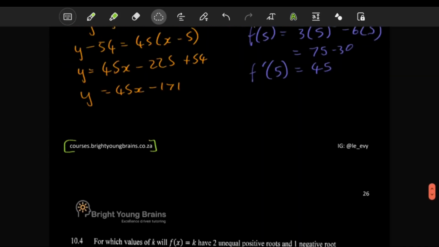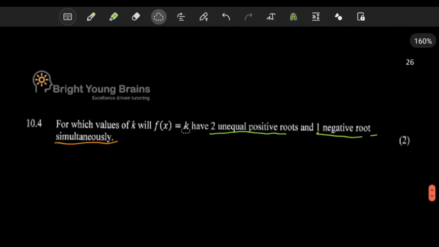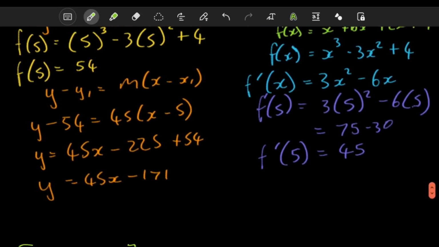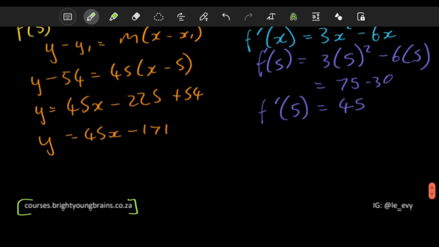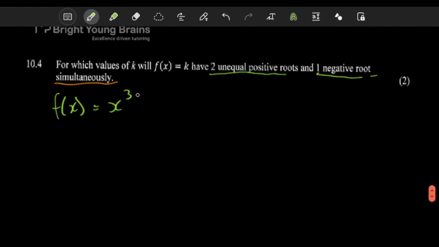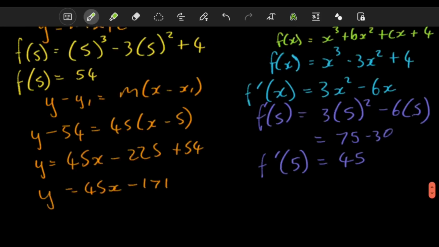So what you want to think to yourself is your value of k. If you think of f of x, we know it is equal to x cubed minus 3x squared plus 4.